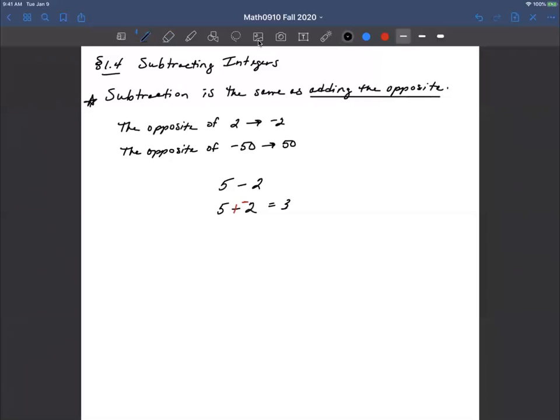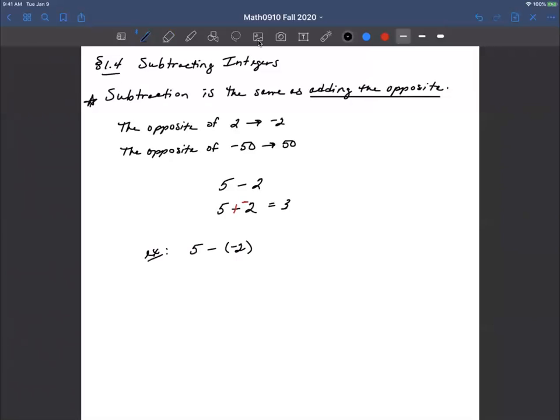Now you might be saying, well, why would I do that if I just know 5 minus 2 is 3? Because there's going to come a time, and that time is now, where you'll have a situation like this. 5 minus -2.